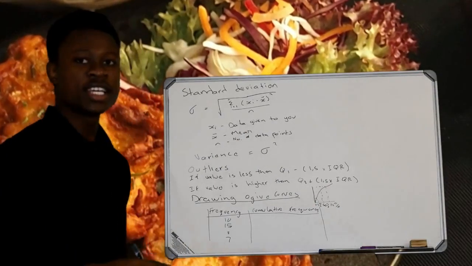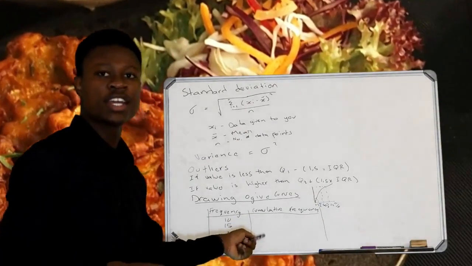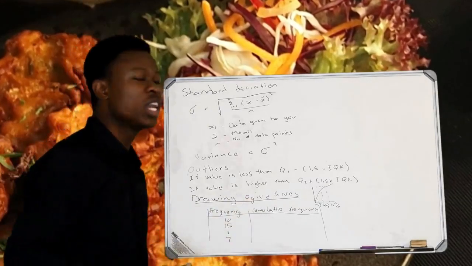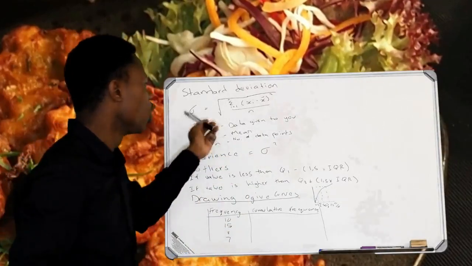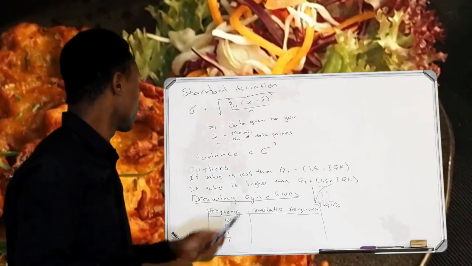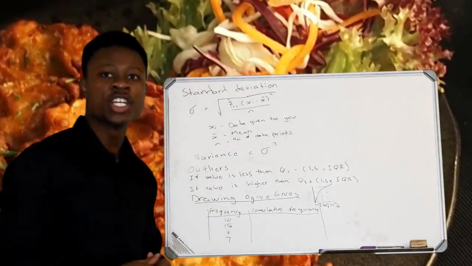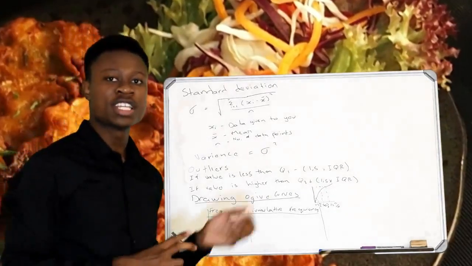Those are the values they gave you. So now you will have to calculate the cumulative frequency on your own, because you will need it when trying to calculate all your values, like your variance, your standard deviation, and all those other points and questions they might ask you.